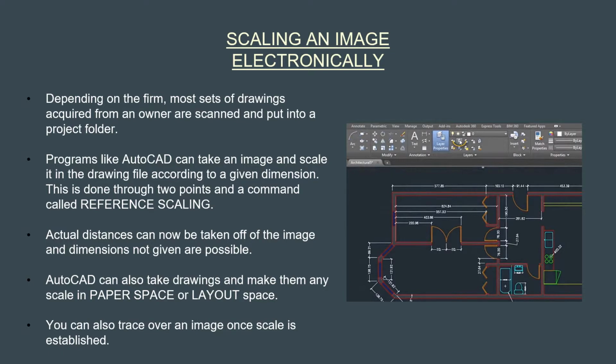Another thing you can do is you can trace over an image once the scale is established. However, there's a caveat. These drawings may not be drawn to scale or accurately, so you may actually have a dimension that might not be that dimension. So you have to basically look in either one or more places to figure out if something happens like that.